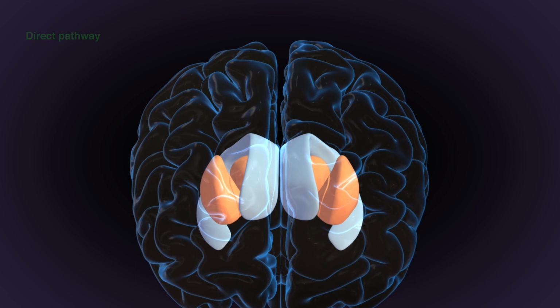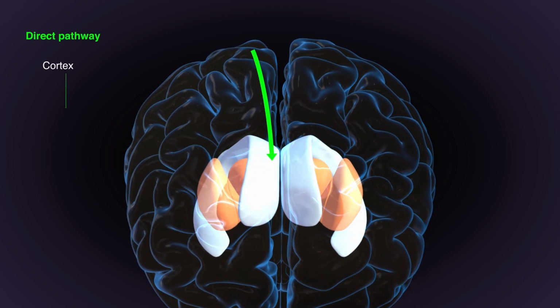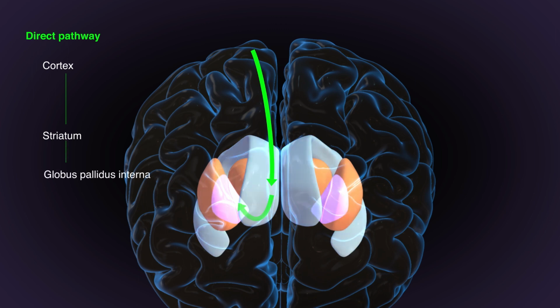The direct pathway involves input from the cortex to the striatum, which then sends inputs to the globus pallidus interna, which projects to the thalamus and back to the cortex. The end result of this pathway is excitatory, shown here in green.